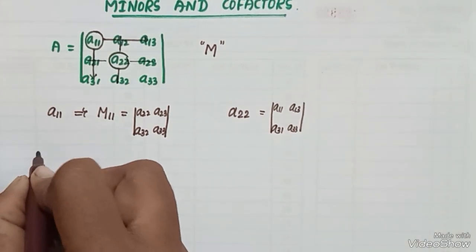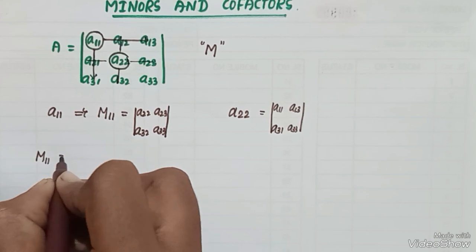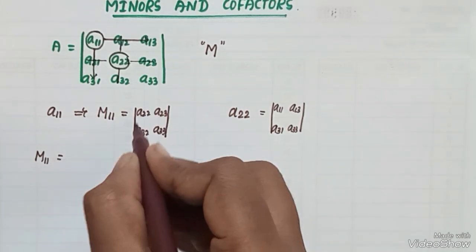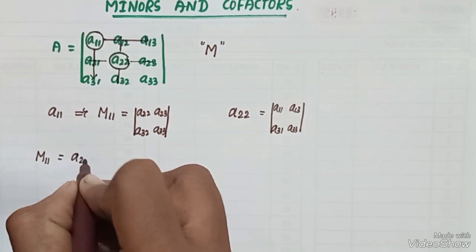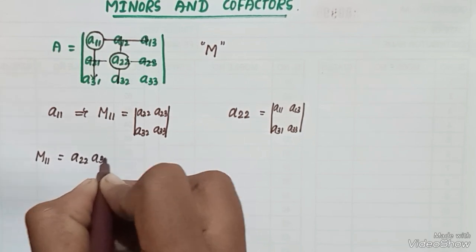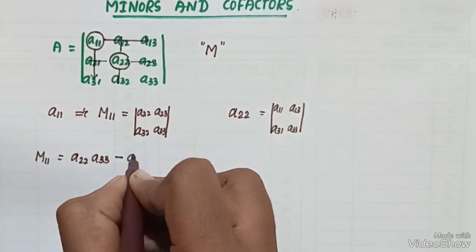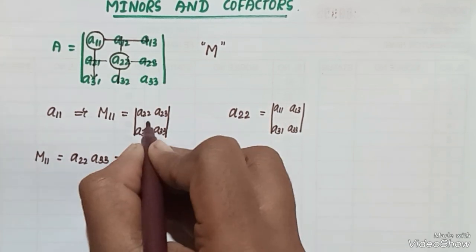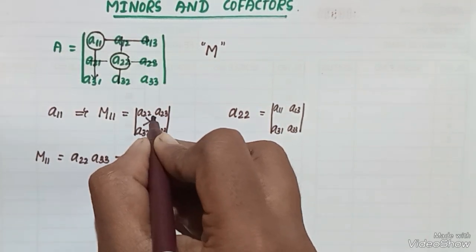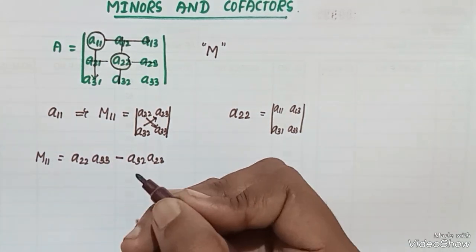Minor of the first element is the determinant a22 a33 minus a32 a23, cross multiplication, then subtract.